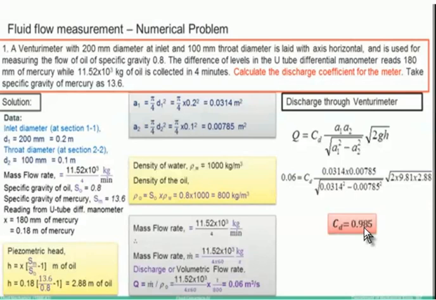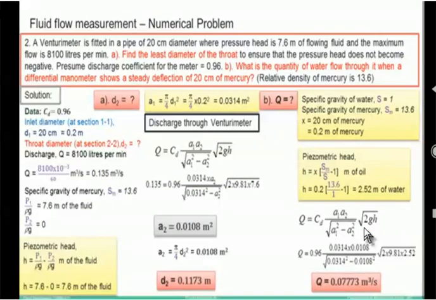Okay, so next is the second problem. A venturimeter is fitted in a pipe of 20 centimeter diameter, where the pressure head is 7.6 meter of flowing fluid, and the maximum flow is 8100 liter per minute.